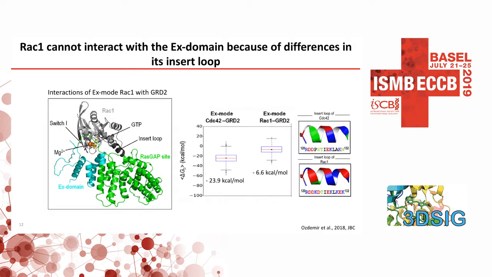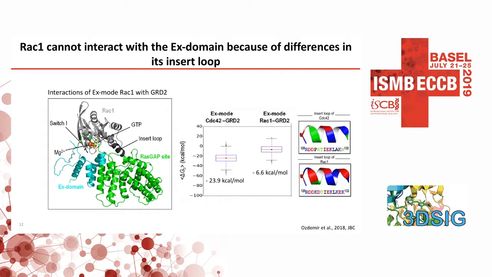Then I compared EX mode binding of RAC1 to CDC42 binding. It's known that CDC42 can stably bind that site, but we don't know about RAC1. This is the average conformation of the simulation. When I look at the insert loop of RAC1, you can see that the orientation is quite different from the previous one. And I couldn't observe any stable hydrogen bond or salt bridge between these two parts.